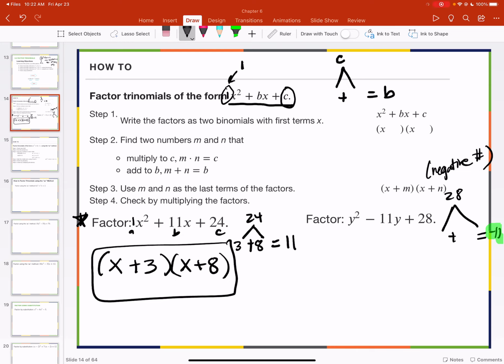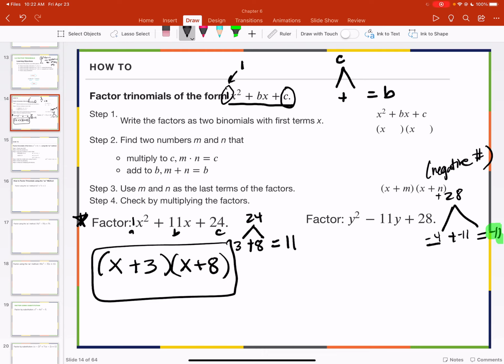Okay, so the factors of 28. Factors of 28, we know are 2 and 14, 1 and 28, 4 and 7. But wait a minute, the combination needs to add up to negative 11. So what that tells you, since the product is positive, is that both of these are negative. Okay, so again, if the middle term is negative and the last term is positive, that means that your factors are going to both be negative.